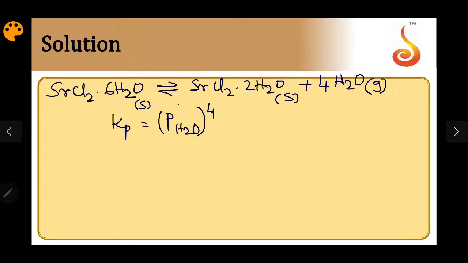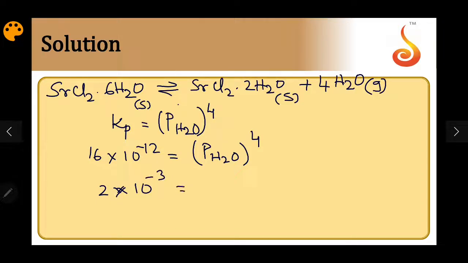Now what is given? Kp is given as 16 into 10 power minus 12 is equal to P water to the power 4. So if you take the fourth root of 16 will be 2 and 12 by 4 will be 3. So 2 into 10 power minus 3 is equal to partial pressure of water. This is the equilibrium partial pressure of water for this particular reaction.